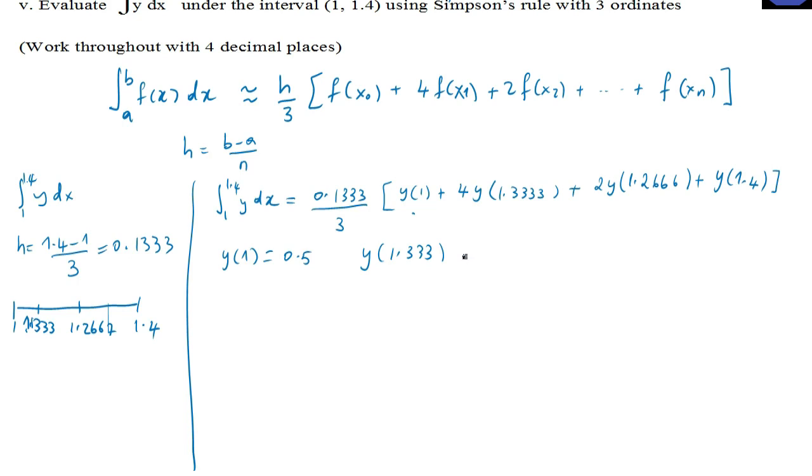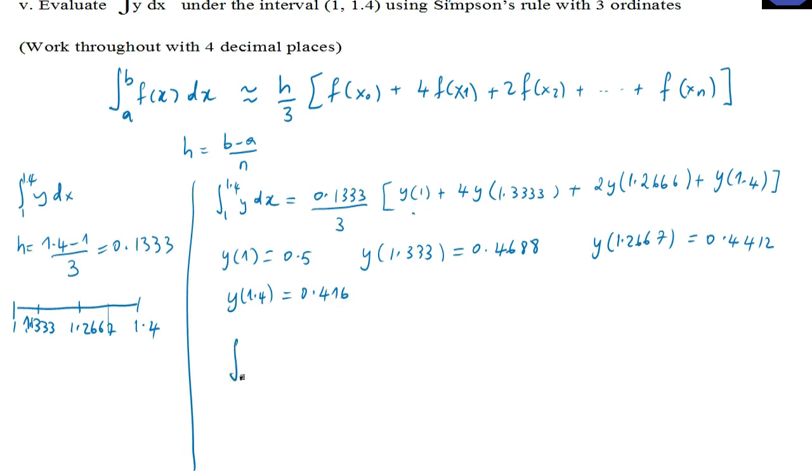So this is 0.4688. And y of 1.267 is 0.4412, and y of 1.4, done by plugging in, is 0.416.